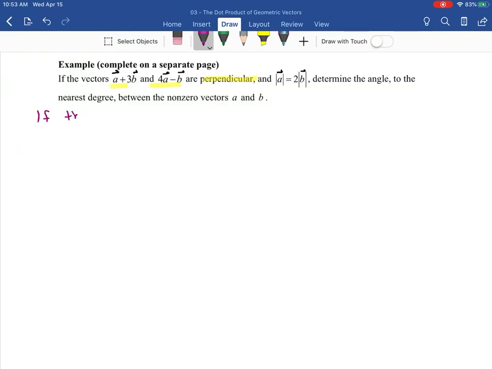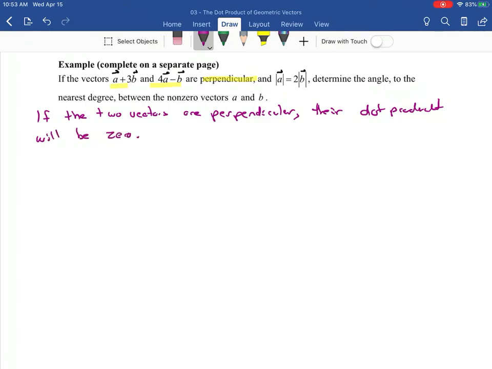Because if the two vectors are perpendicular, their dot product will be 0.